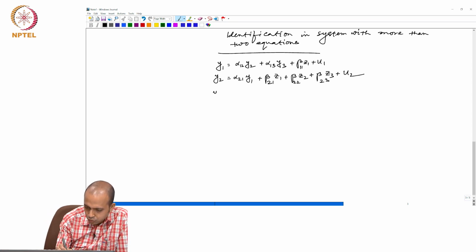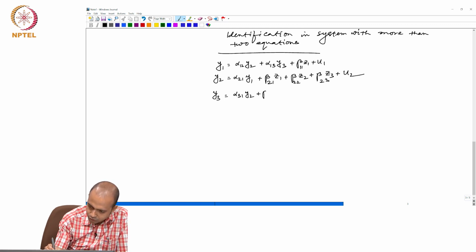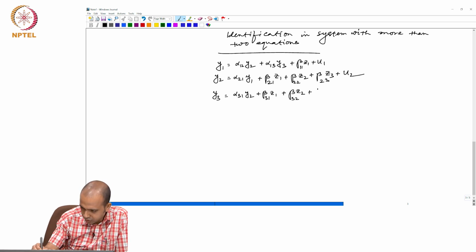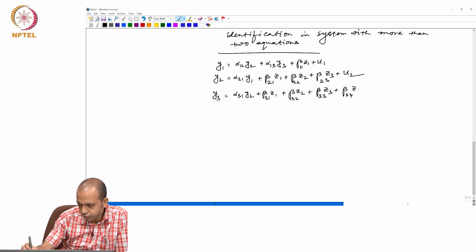Then we have y3 equals alpha 3 1 y2 plus beta 3 1 z1 plus beta 3 2 z2 plus beta 3 3 z3 plus beta 3 4 z4 plus u3.